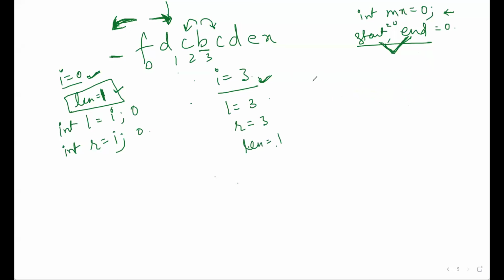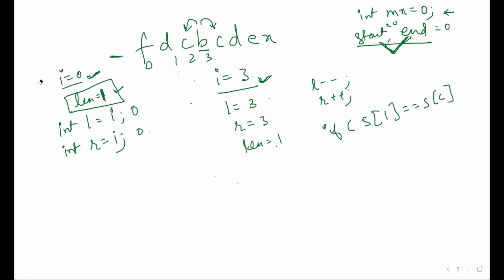So length was 1. Now I compare again. So left minus minus will help me move in the left direction, and r plus plus will help me move in the right direction. Okay. I compare again. Are the characters at those indexes the same? Yes, they are the same. They both are C and C. Okay.